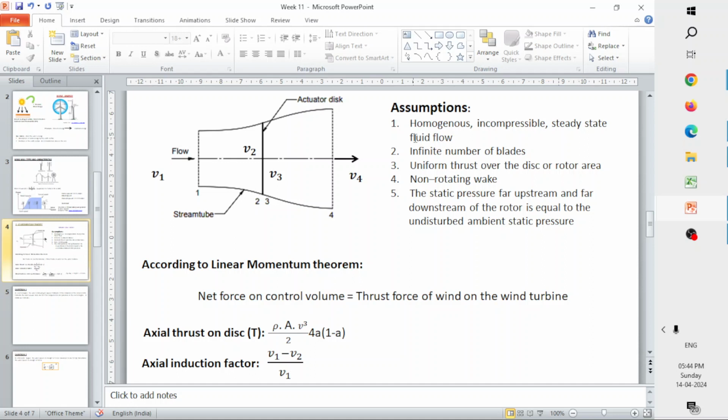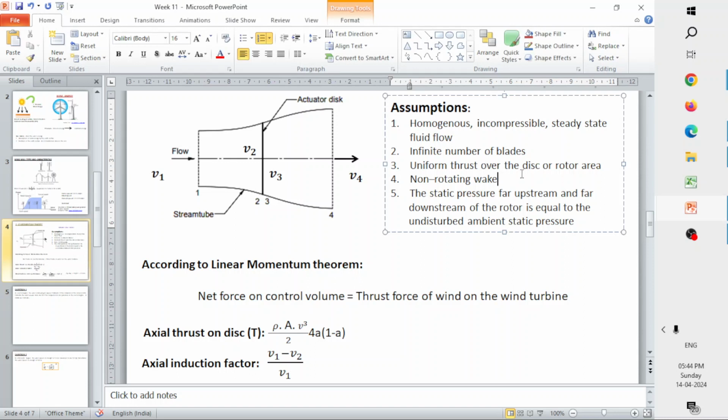And the third thing, which is not mentioned here, is that we assume there will be no aerodynamic drag. But due to these assumptions you get the value of your Cp max as 0.593. But these are very ideal conditions.